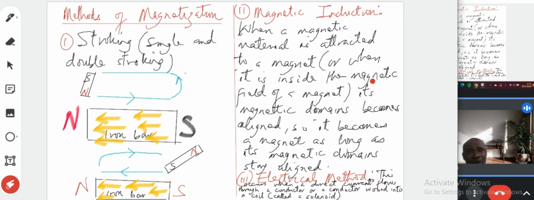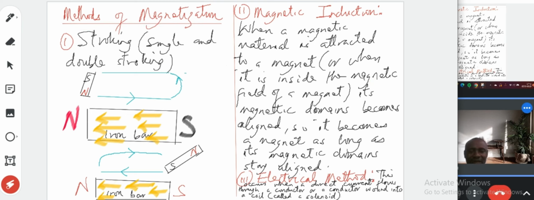What it will do is rearrange those tiny magnetic domains inside the bar. So all of them will now align, like as you're seeing in this yellow line. Once they align, the material has become a magnet. This is one way of making a magnet.